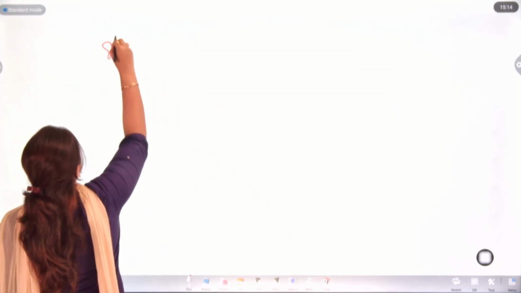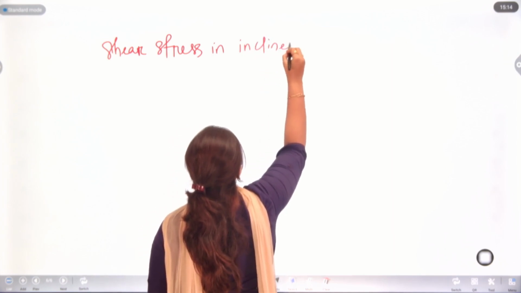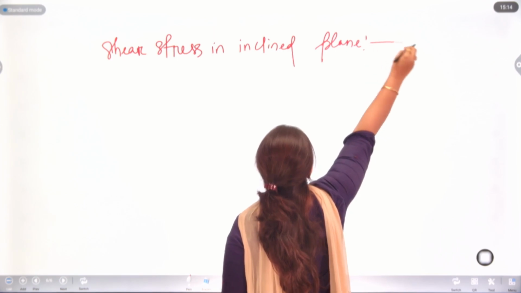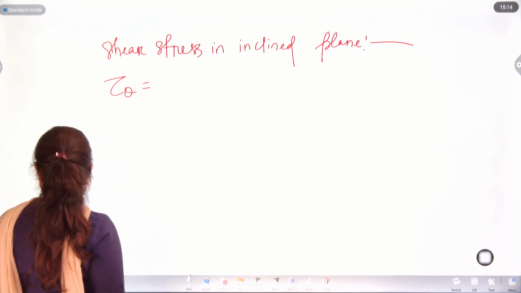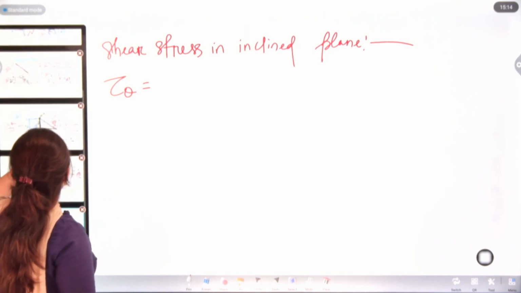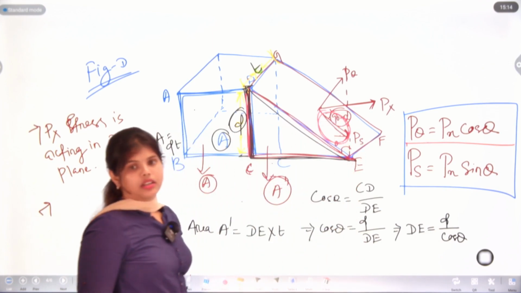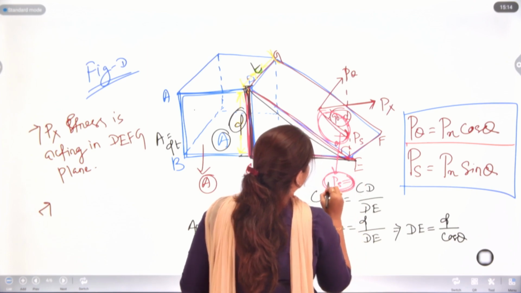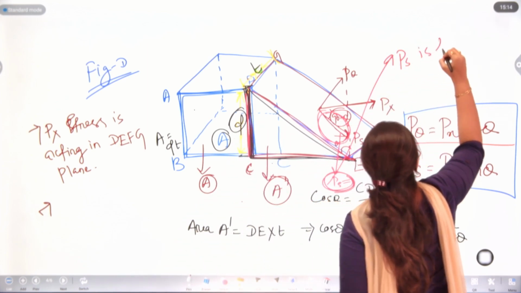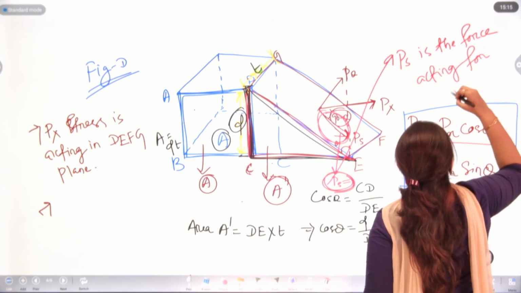Now, we will find out shear stress in inclined plane. For shear stress we have tau theta. Here you can see this stress is acting along the plane. So, as it is acting along the plane, we will take Ps as the force for shear stress.